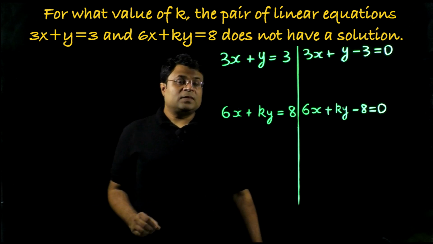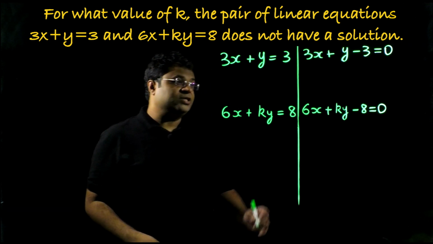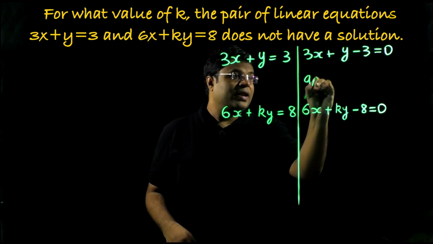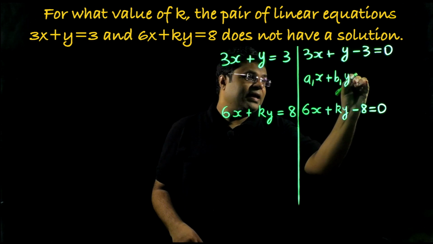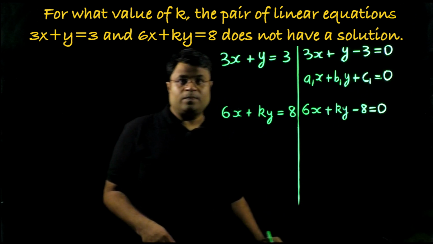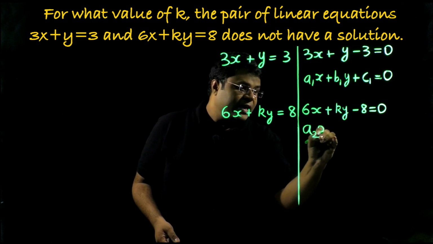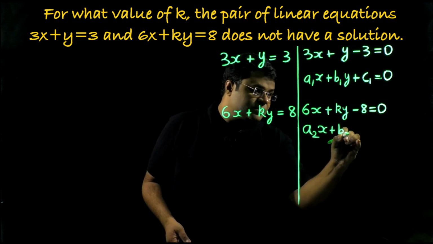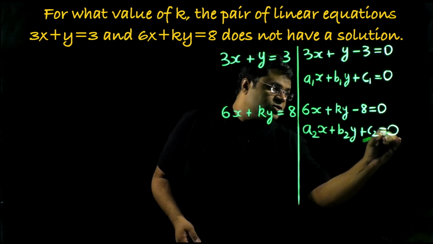Now listen, the first equation is compared to the equation a1x plus b1y plus c1 equals 0, and the second equation is a2x plus b2y plus c2 equals 0.